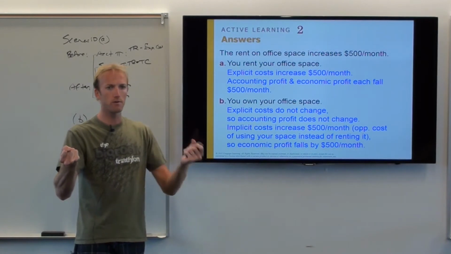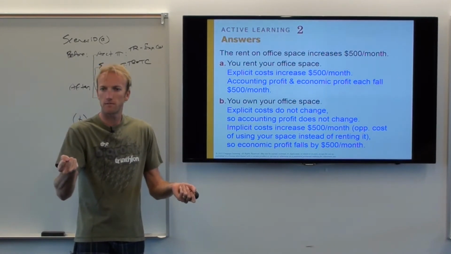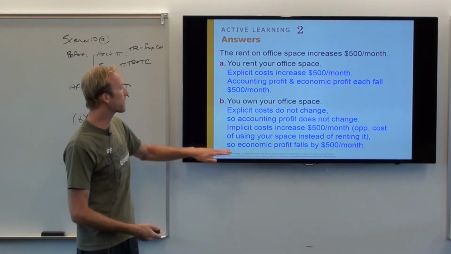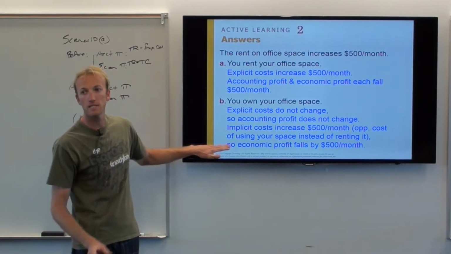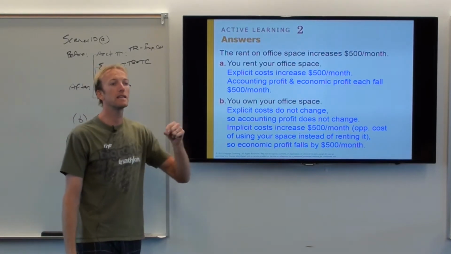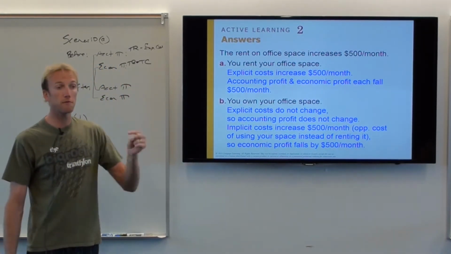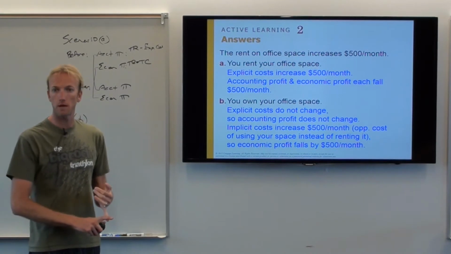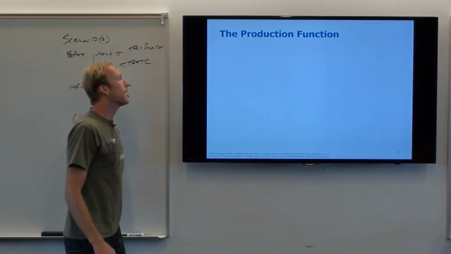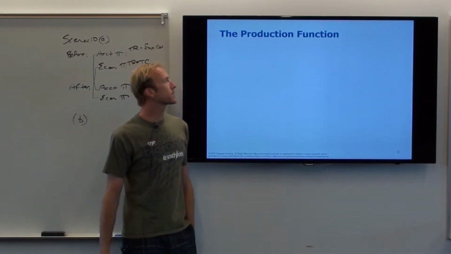It shouldn't matter whether you own or rent one of your inputs, right? We want to know the cost of the output, and it should be the same regardless. That's why we have to use this idea of economic profit, because it takes care of all these problems, okay? So economic profit is the relevant cost in decision making for this class. That's what economists think about, right? It includes opportunity costs.